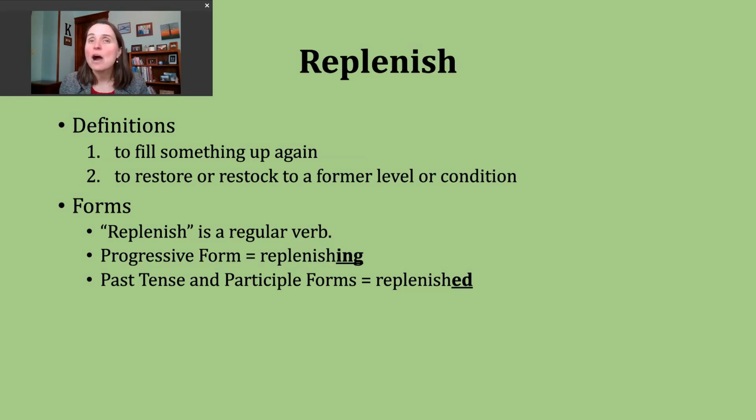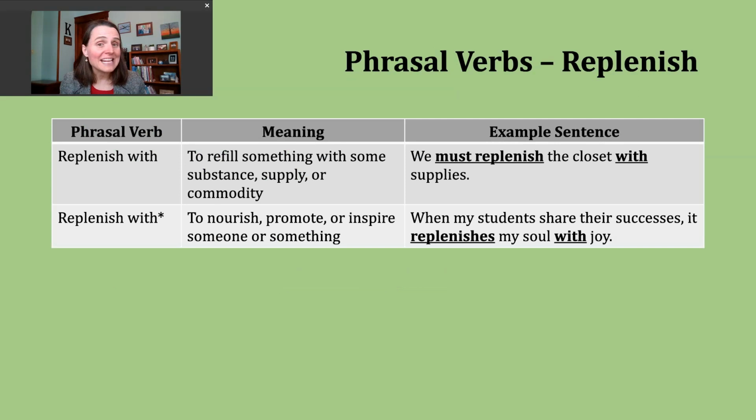This means our ed ending is going to make a t sound. So when we say the past tense or participle forms, it should sound like this. Replenished, replenished. Okay?